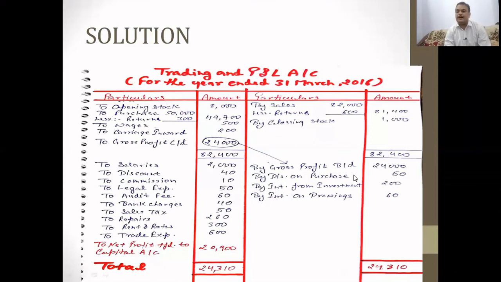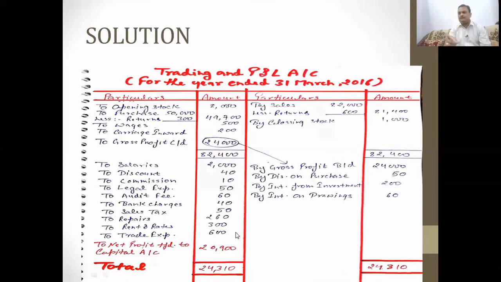Now some incomes, or we can say revenues: discount on purchase 50 rupees, interest on investment 200 rupees, and interest on drawing 60 rupees. Then we add this, and the result will come to 24,310 rupees. We add 2000, 40, 10, 50, 60, 40, 50, 260, 300, and 600.